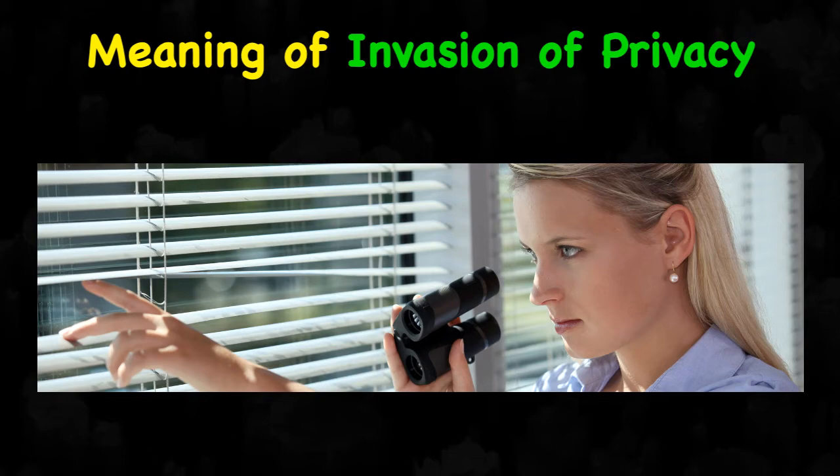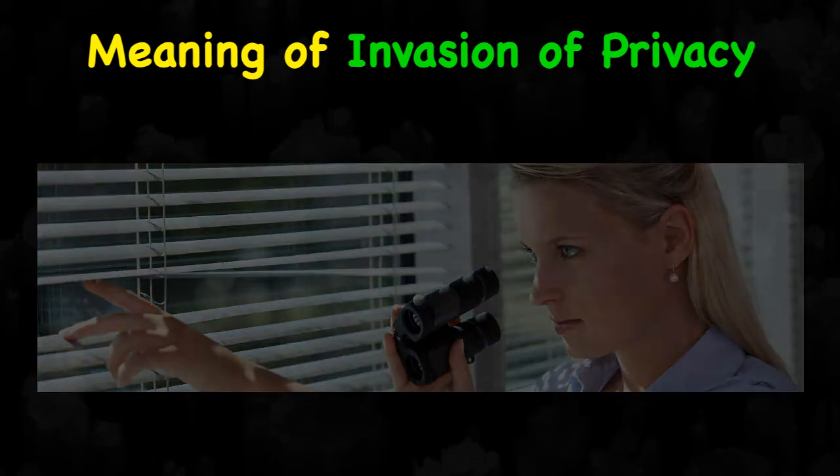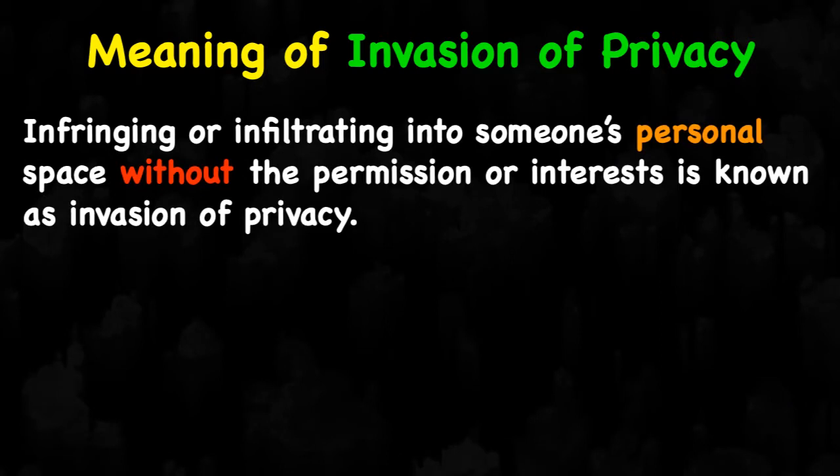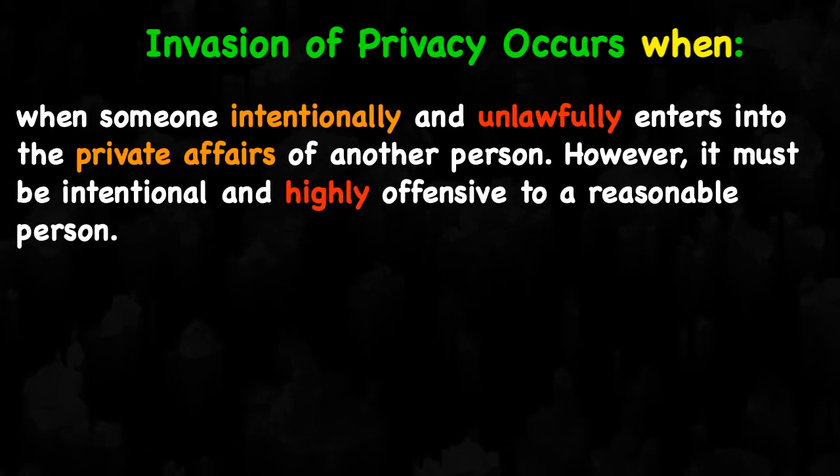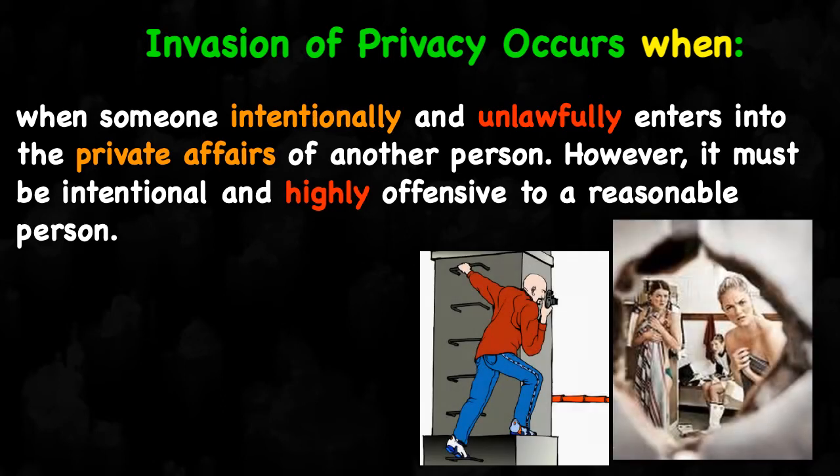So now let's check out what is the legal definition. Infringing or infiltrating into someone else's personal space without permission or interest is known as invasion of privacy. Invasion of privacy occurs when someone intentionally, focus on the term intentionally, and unlawfully, repeatedly we have been using these two terms again and again.